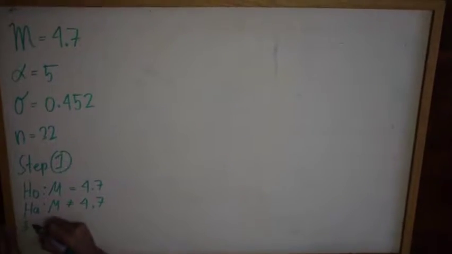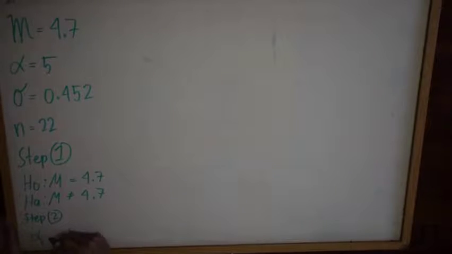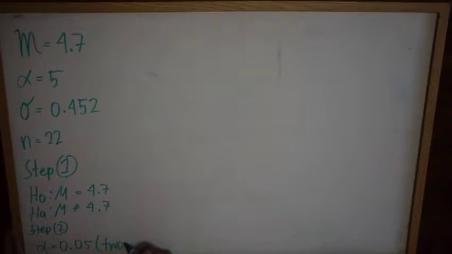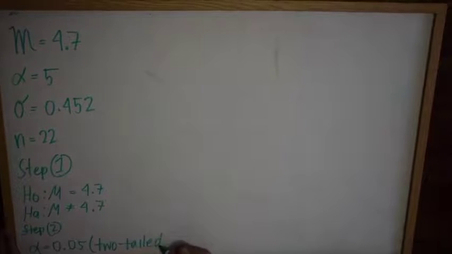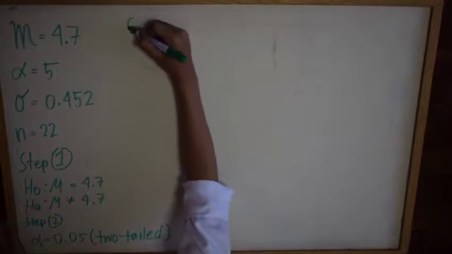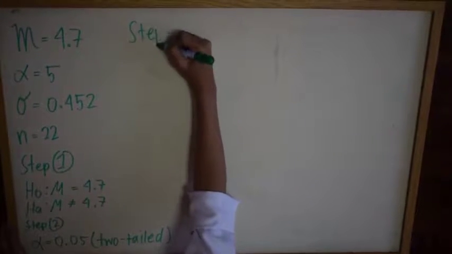So for our step 2, we need to identify what kind of test we should do. Basically, looking at step 1, it is equal and not equal, so we should run a two-tailed test with this problem. For our step 3, we need to solve the critical z value.